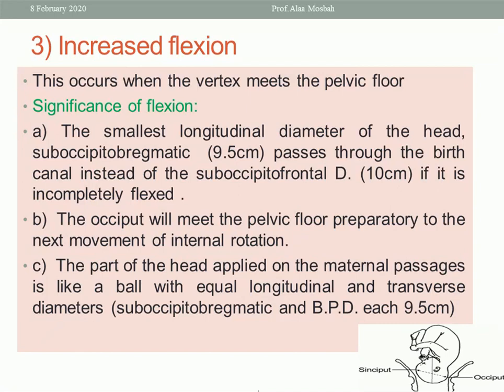The occiput will meet the pelvic floor preparatory to the next movement of internal rotation. Lastly, the part of the head applied on the maternal passage is like a pole with equal longitudinal and transverse diameters. Both the suboccipitobregmatic and the biparietal diameters are 9.5 centimeters, and they are equal.